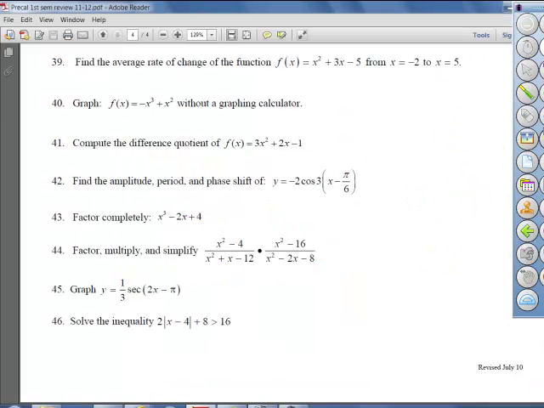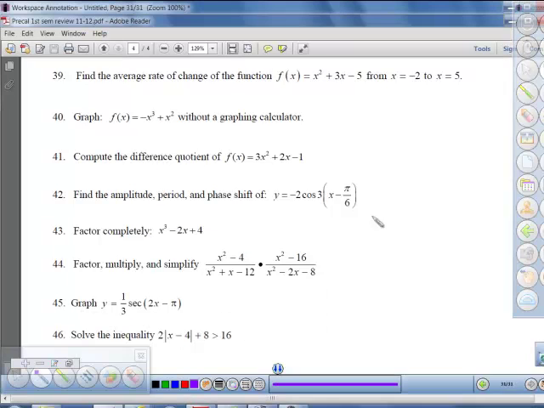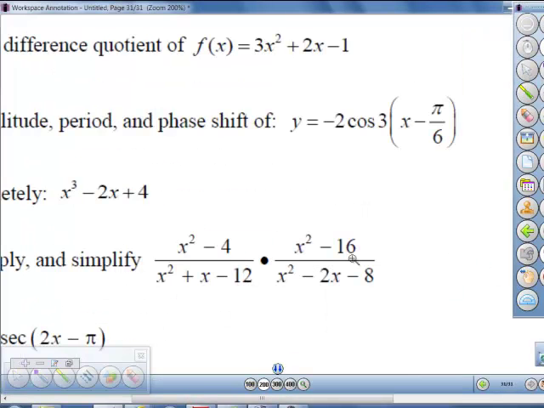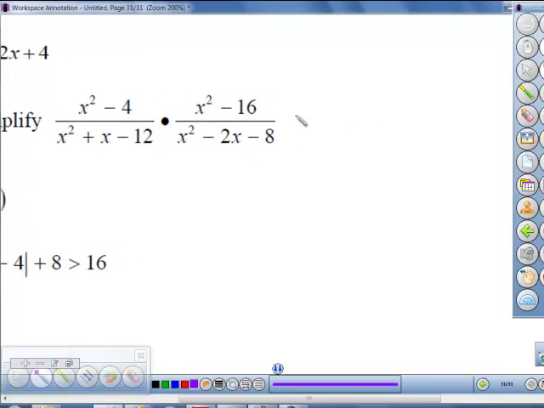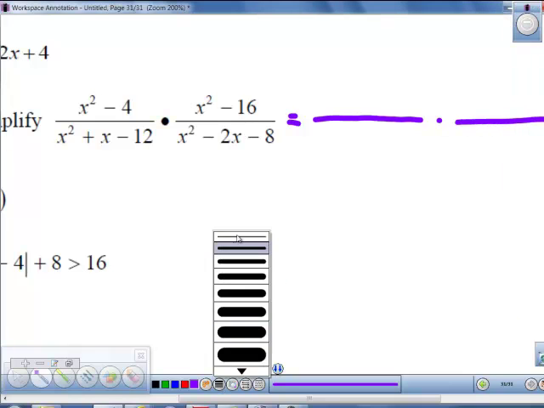Okay. All right. Continuing on. Factor, multiply, and simplify. Now the good news, again, is that it's telling you what you have to do here. Okay, it's giving you the insight on how you're going to clean this one up. So I'm going to make this a little bit thinner.